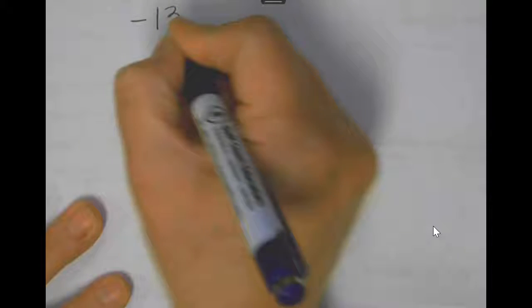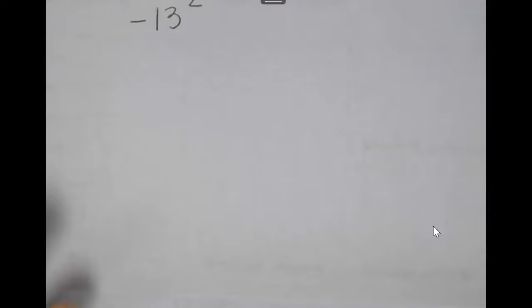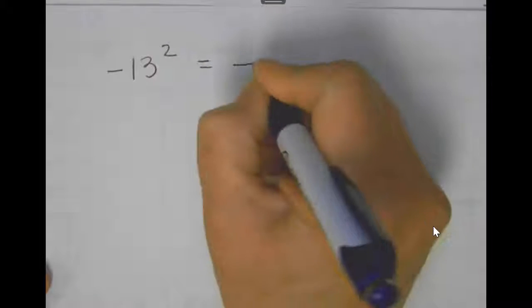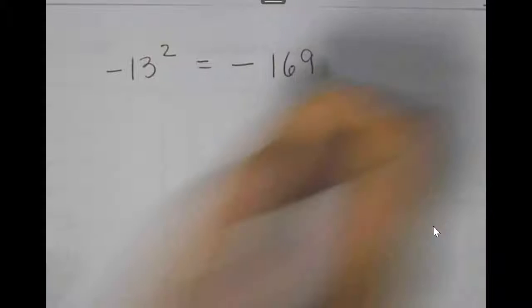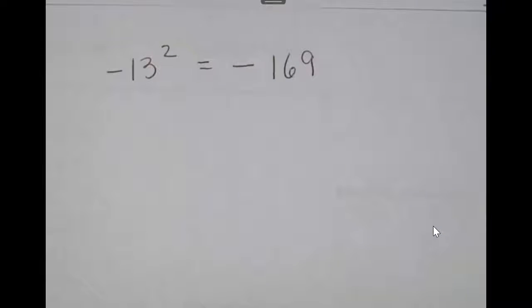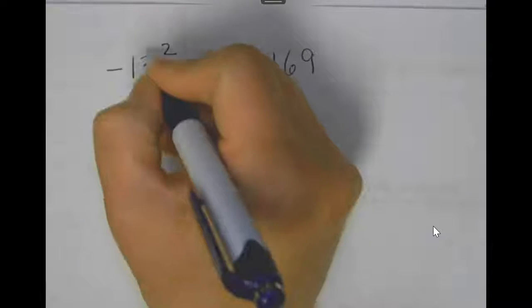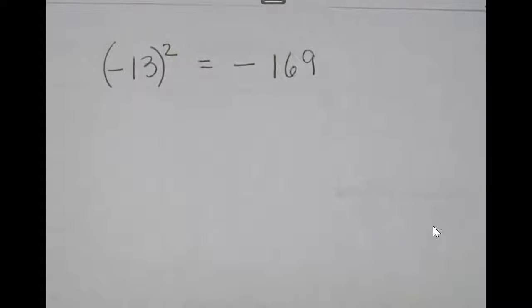Negative 13 squared. If you put it in your calculator like that, the calculator will tell you that the answer is negative 169. The calculator is lying. It is lying because you put it in wrong. The correct way to put it in the calculator is like that.